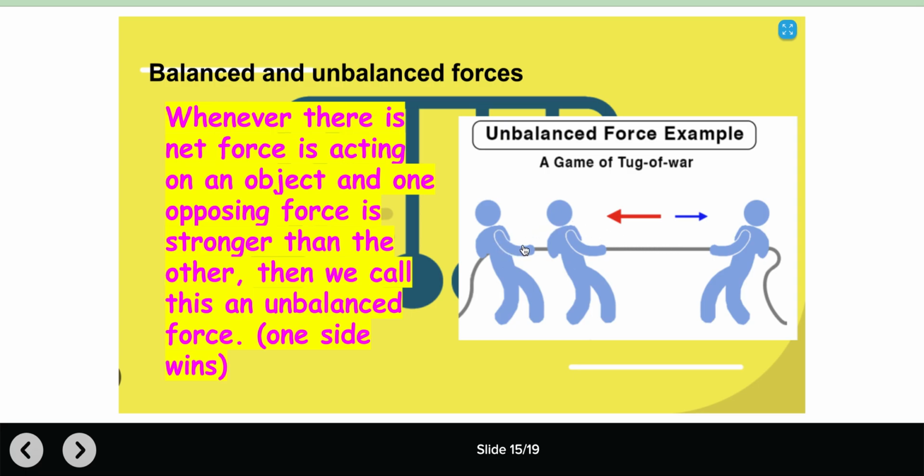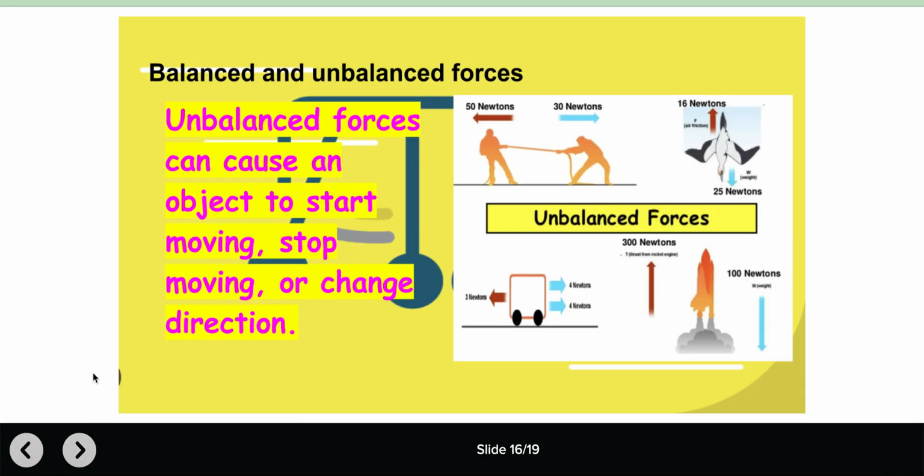And these 2 people over here are going to have a stronger force than this person all by themselves. So since these 2 people will eventually win because they have greater force, we would say that this is an unbalanced force. And unbalanced forces can cause an object to start moving, stop moving, or change direction.